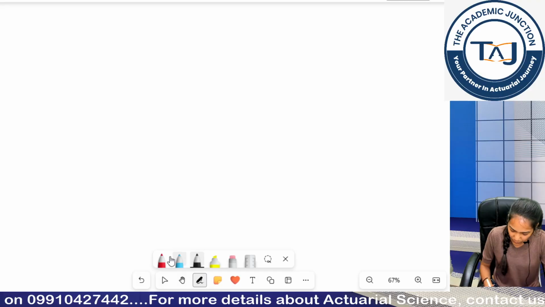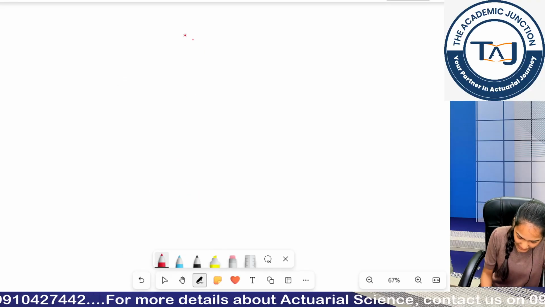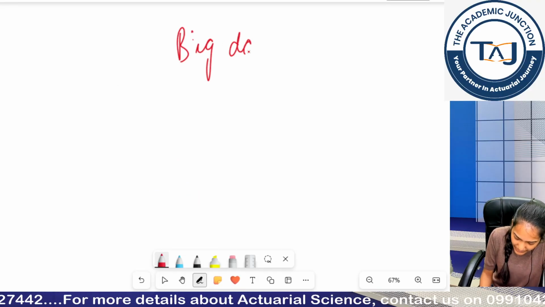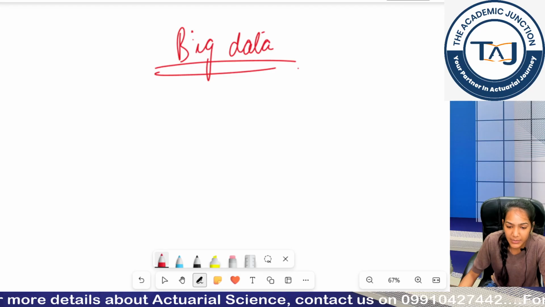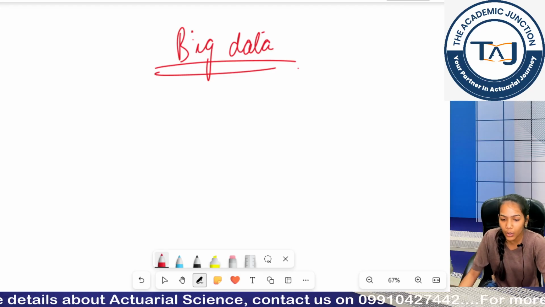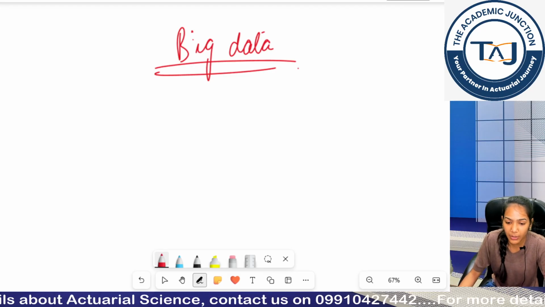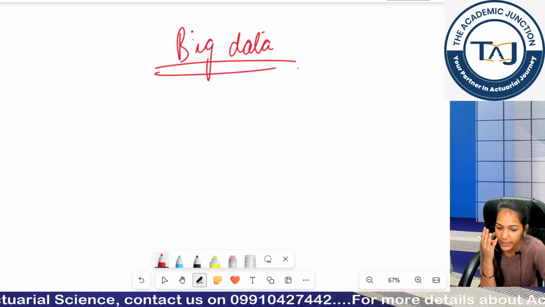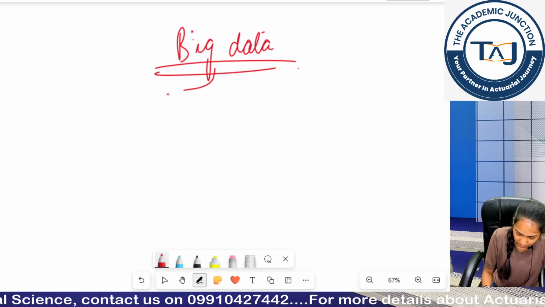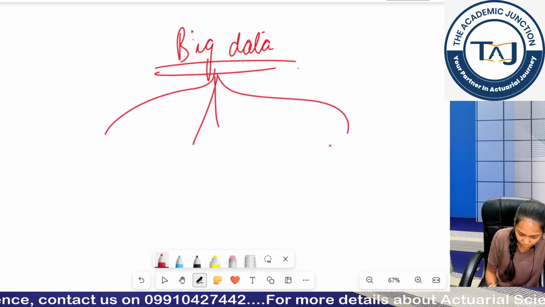Now if I come to one more type of data, this is big data. As the name suggests, big data means a huge amount of data, a very huge amount. Not only the size of data, basically we connect 4 different features with big data. What 4 features?